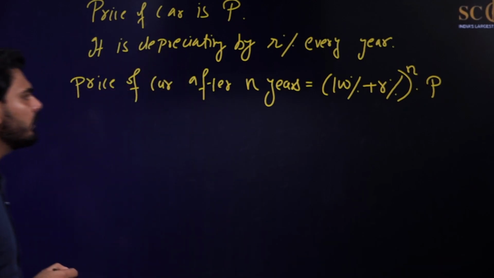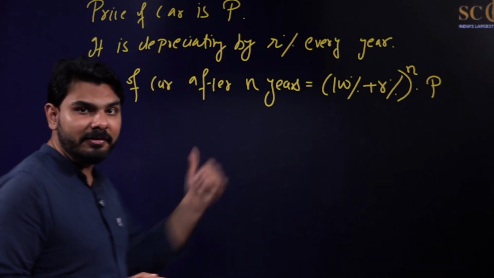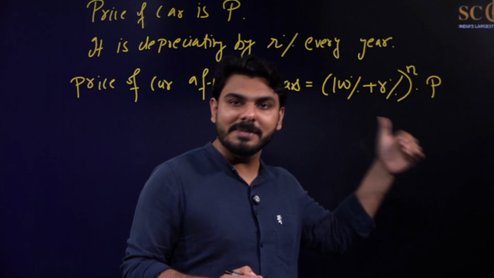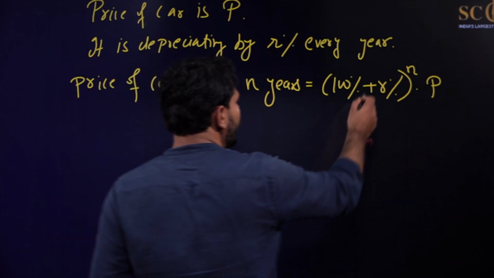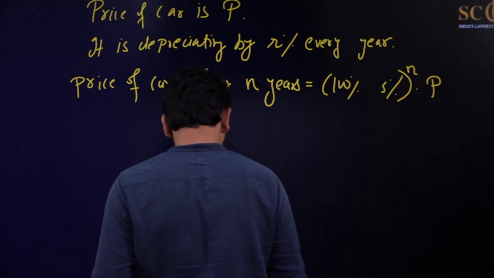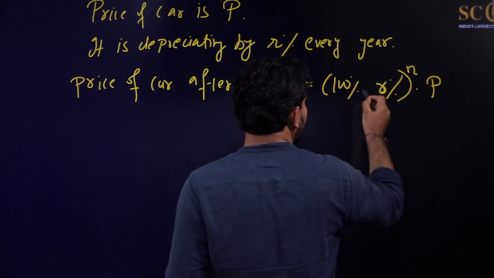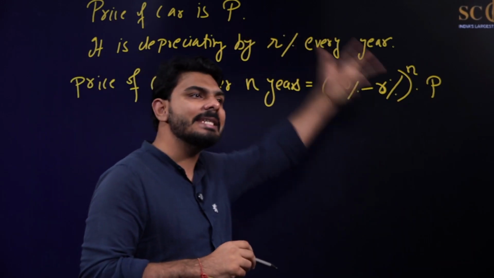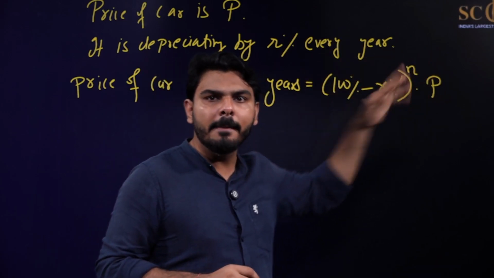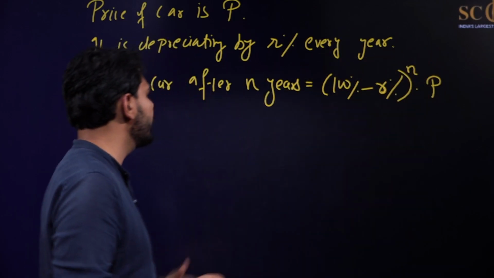But I have made a mistake here. There is a depreciation, so I have to use a minus sign, not a plus sign. So it will be 100% minus R% raised to the power n multiplied by P. Okay, so this will be the case.